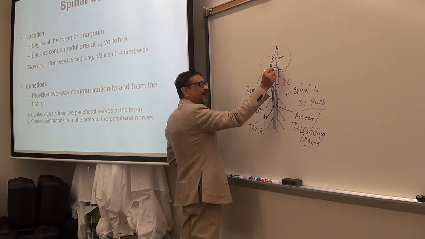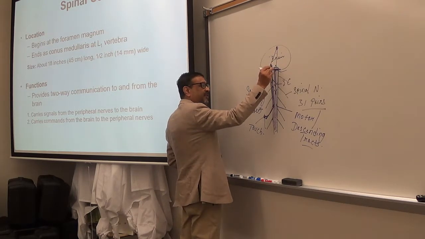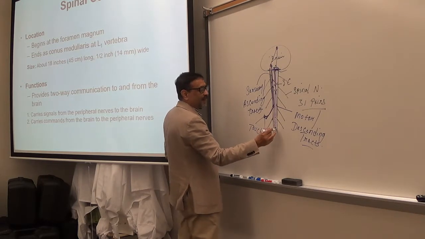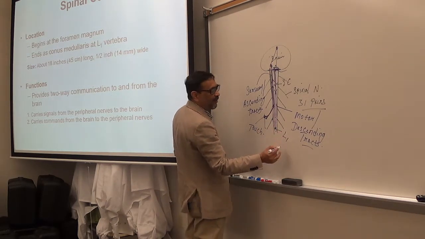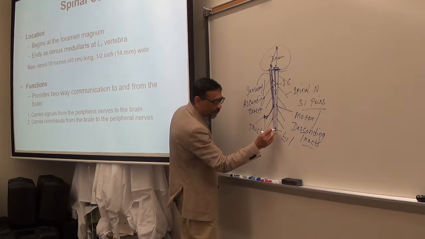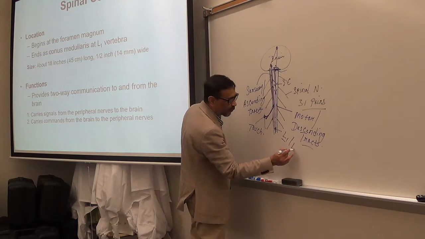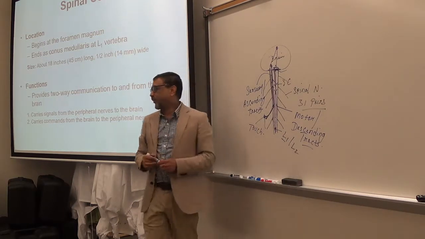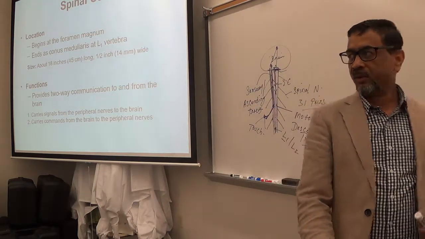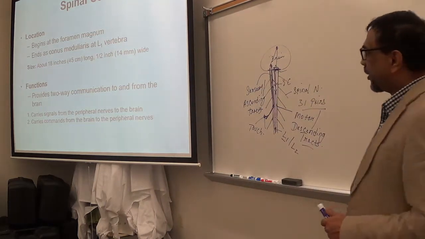So that is where the spinal cord starts, the upper end. And the lower end is at lumbar 1 most of the time. Sometimes it extends a little further down to the lumbar 2 vertebra, okay?